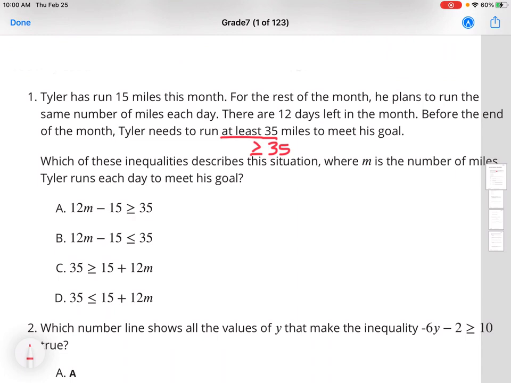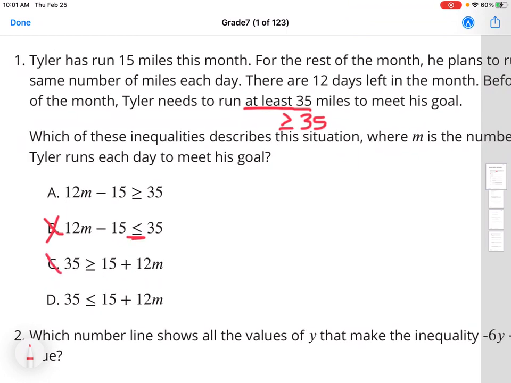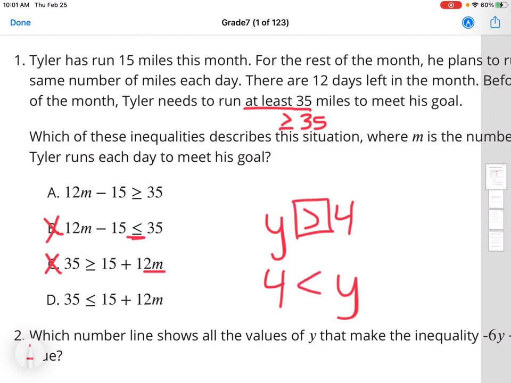And then that right there tells me that B could not be an option because it says less than or equal to 35. And C couldn't be an option because when you switch, so if I had y is greater than 4, well, if I move my variable to the other side, then I need to flip my symbol because y needs to be greater than 4.